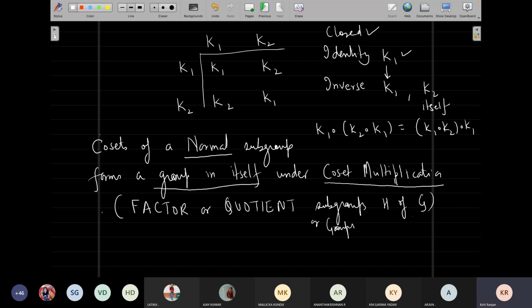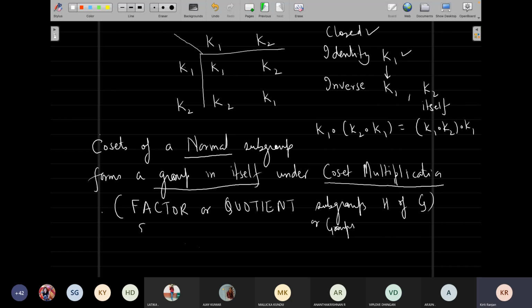Now, can you tell me the order of this factor group? You have seen the Cayley multiplication table, right? What does the Cayley multiplication table tell you about the order? The order of this group, where the cosets are considered as elements.